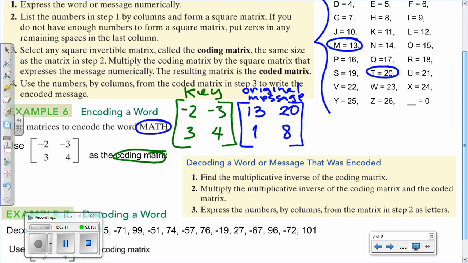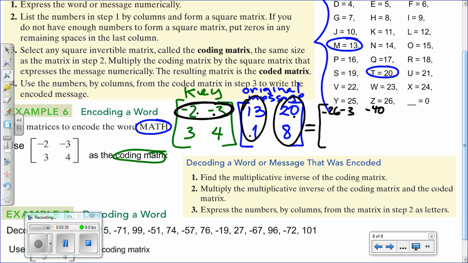To encode the message, we're going to multiply. We multiply first row times first column: -2 times 13 is -26, -3 times 1 is -3. Then first row, second column: -2 times 20 is -40, and -3 times 8 is -24.